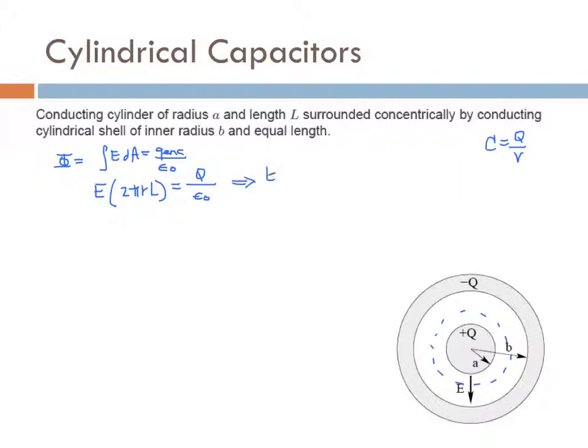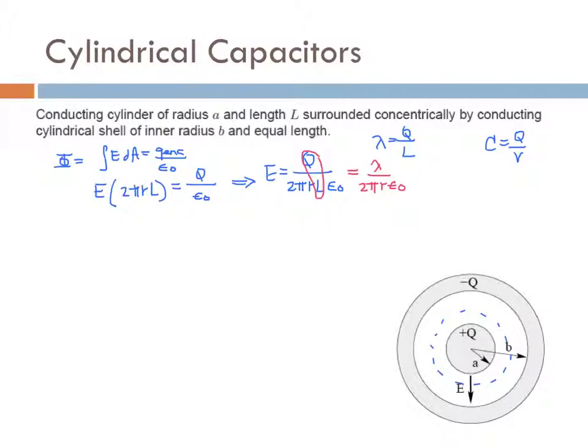So my electric field is equal to Q over 2 pi r L epsilon naught. When we first did this derivation, we said that lambda was equal to Q over L, so we make that substitution also. Q over L gives me lambda over 2 pi r epsilon naught. Again, this is my electric field between a and b.